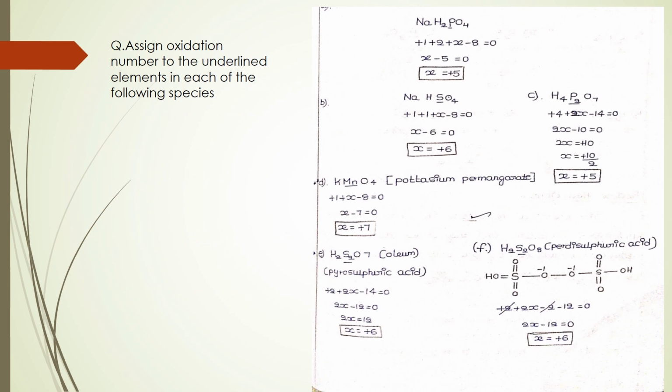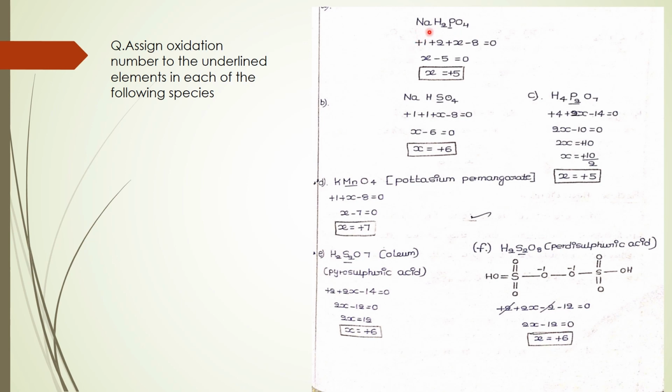Next, with the use of these points, you can calculate the oxidation state of any atom in a compound. Suppose here NaH2PO4, underlined atom is phosphorus. Here I will explain how to calculate the oxidation number of phosphorus.